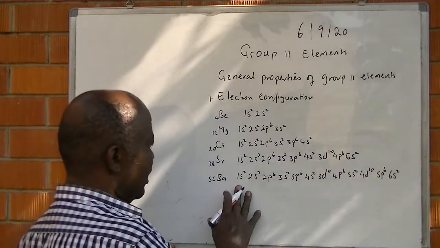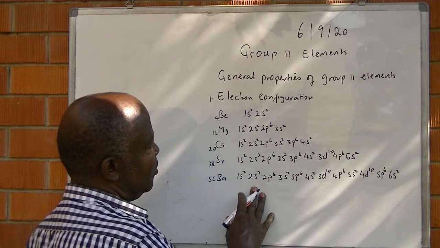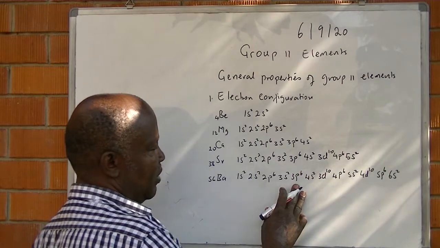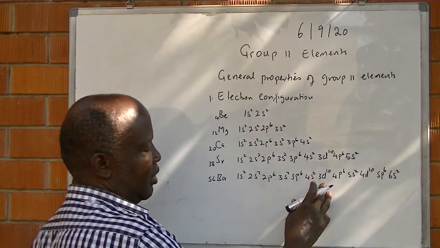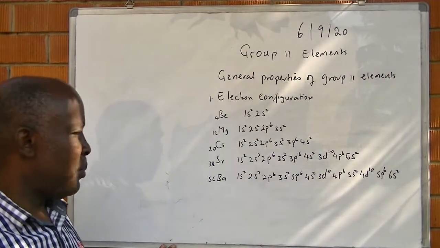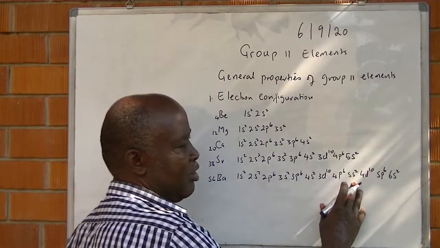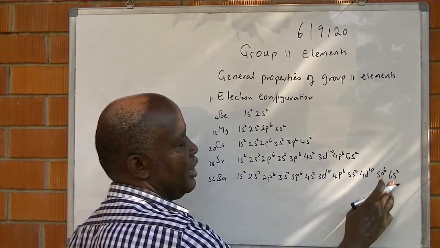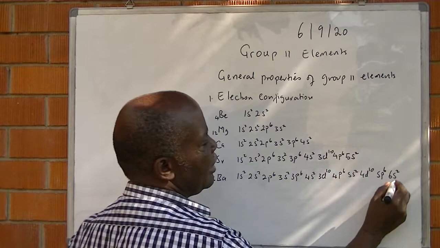Barium has got 56 electrons, that is 1s2, 2s2, 2p6, 3s2, 3p6, 4s2, 3d10, 4p6, 5s2, 4d10, 5p6, and 6s2.